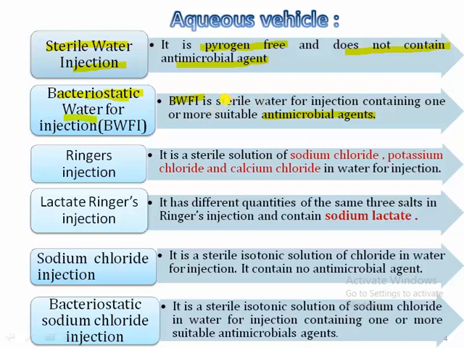It is nothing but sterile water for injection, a pyrogen free preparation, but it contains one or more antimicrobial agents. Now the next is Ringer's injection. So what is Ringer's injection? It is a sterile solution of three chemicals.